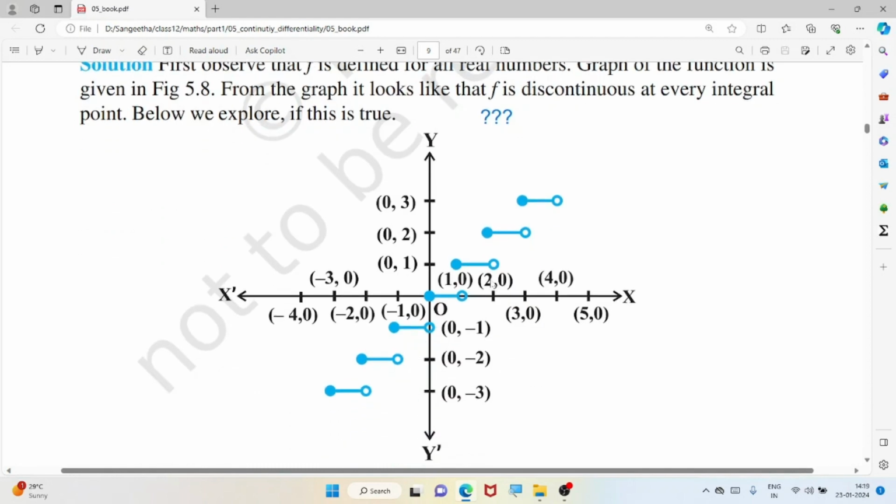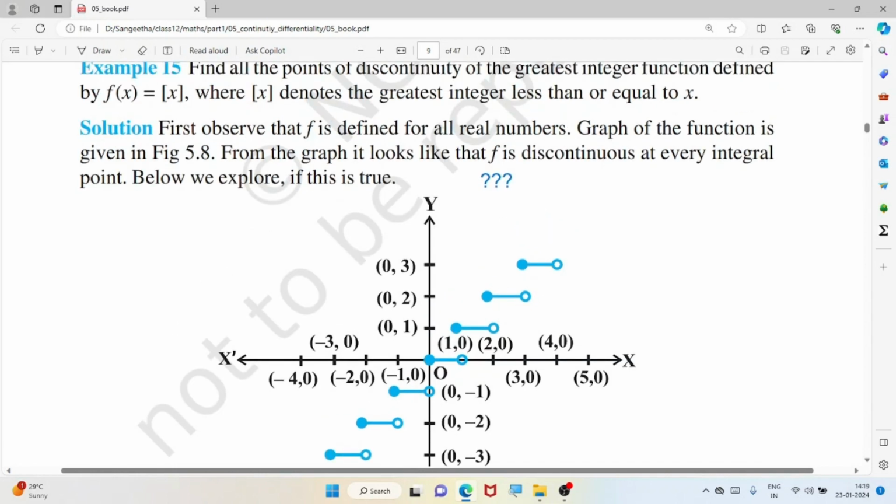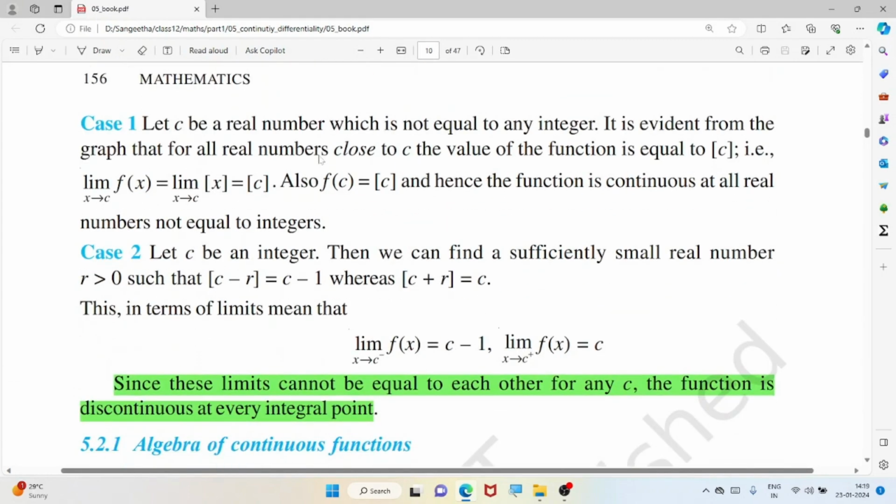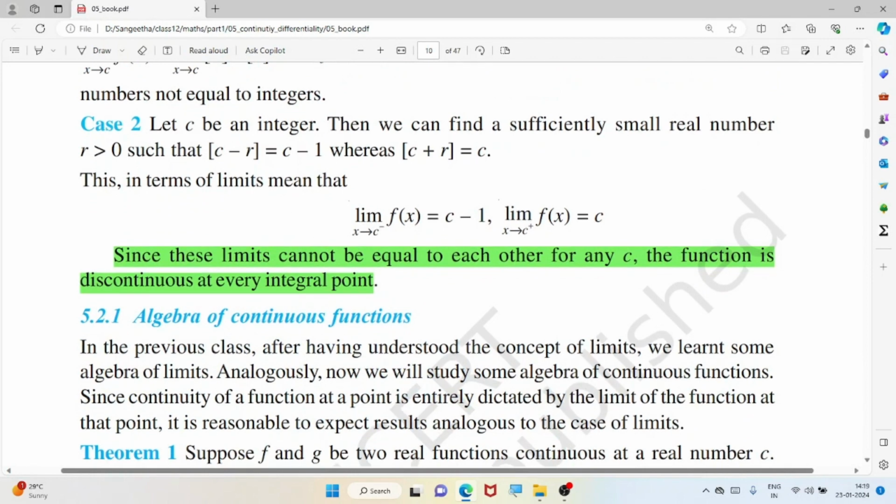At x equal to 2, the greatest integer less than or equal to 2 is 1. Similarly for 4 it will be 3. Greatest integer less than or equal to x, every integral point.